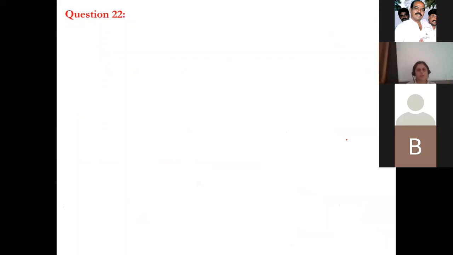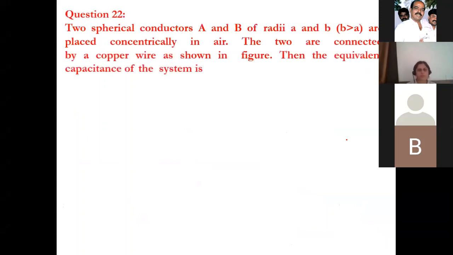Question number 22. So read the question, students. Two spherical conductors A and B of radii small a and small b, where b is greater than a, are placed concentrically in air. The two are connected by a copper wire as shown in the figure.